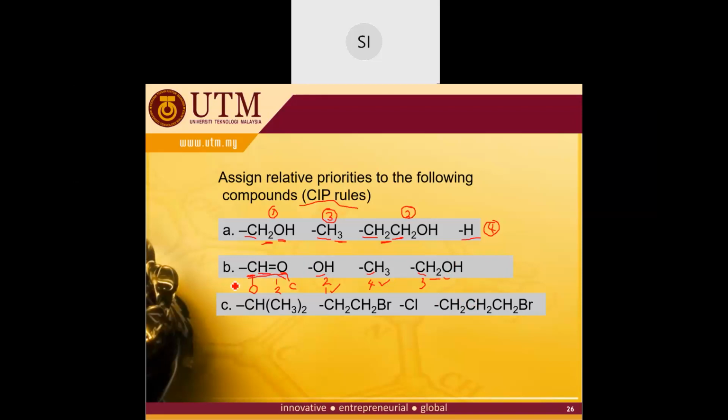So it will be OH number one, this aldehyde number two, and then this alcohol number three, and methyl group number four. Okay, good.